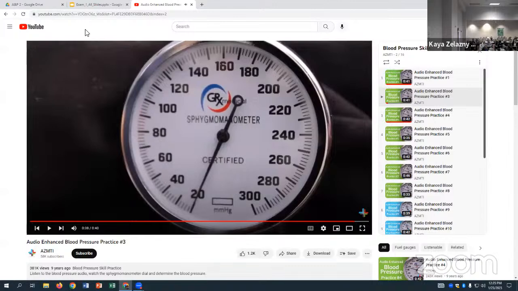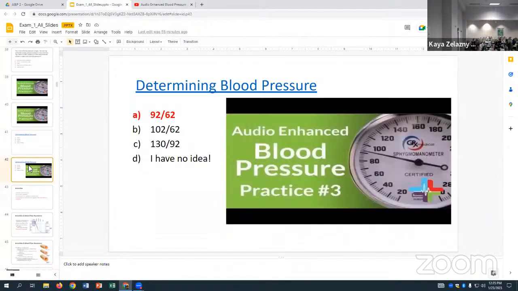So sure you will all get further explanations in the future on how to take good blood pressures, but I think that was about a 92 over 62. I'll pick up here next time.